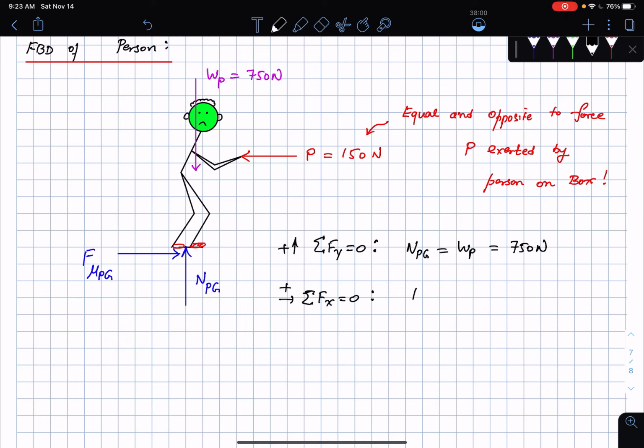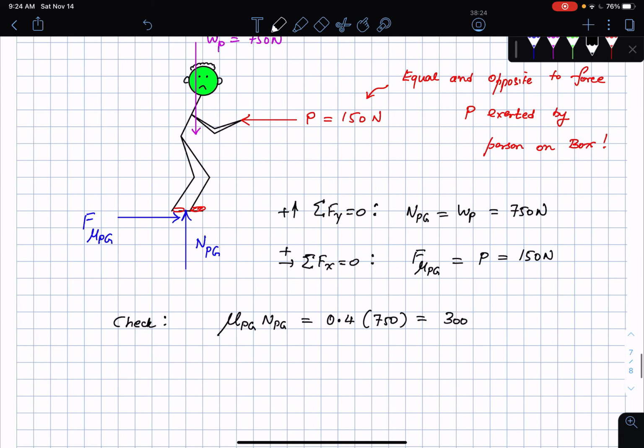Sum of all these forces gives me F mu Pg is equal to the force P applied, which is 150 newtons. Now check. Mu Pg times NPG is going to be 0.4 times 750, and that's going to be 300 newtons.